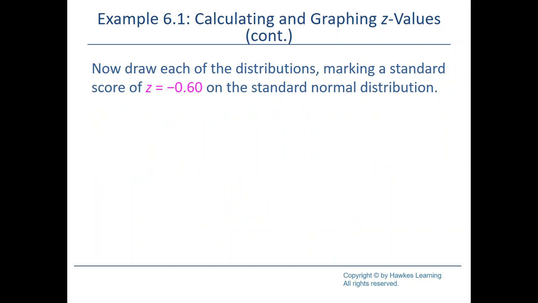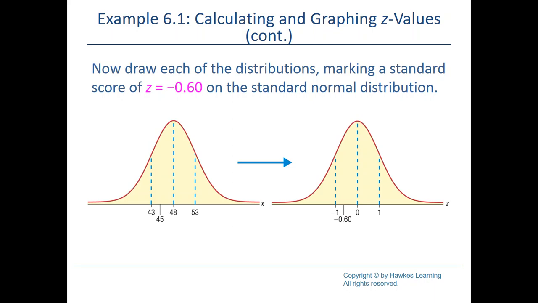Now, to draw this, you need to mark where this would fall on a normal curve. You'll notice that it should end up in a very similar spot to where it was when it was just a regular x value. But because I'm standardizing it, I can now use this to compare to other standardized scores from maybe another course or whatever I am looking at comparing it to.